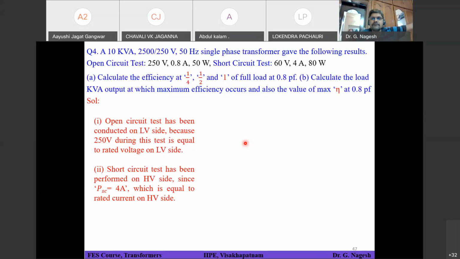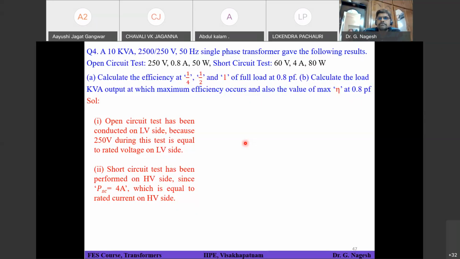The full load current is 4 amperes, sir. I calculated resistance as V by I, sir, 60 by 4. Okay, but you don't get IFL square into R straight away from the data given here.